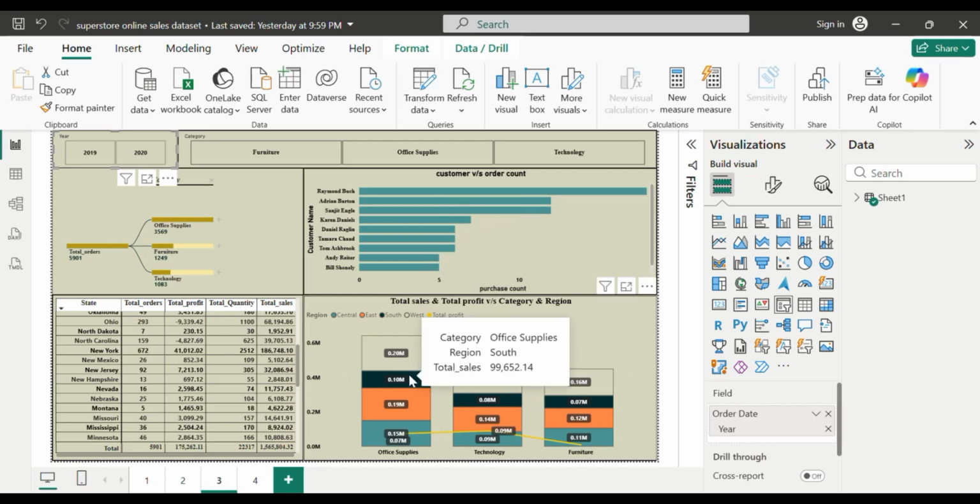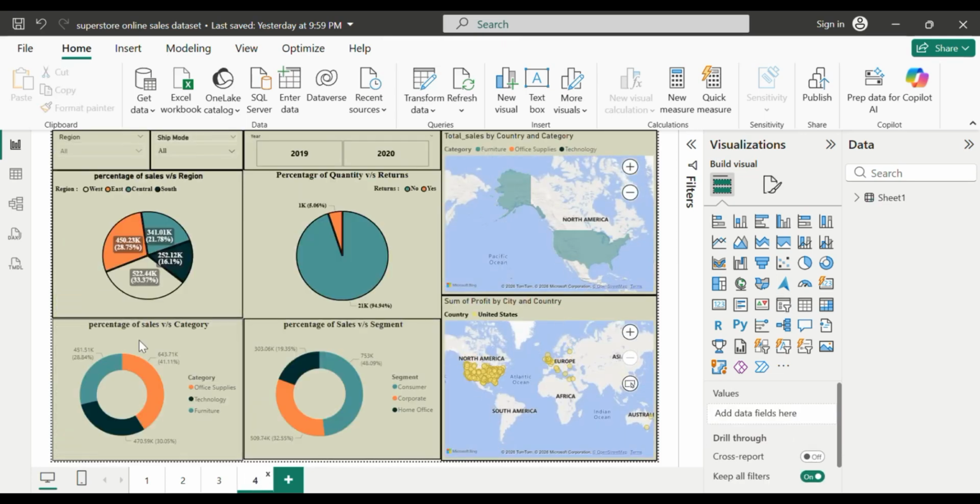Okay, next. Same for this one. So the last one is, okay, erase this.